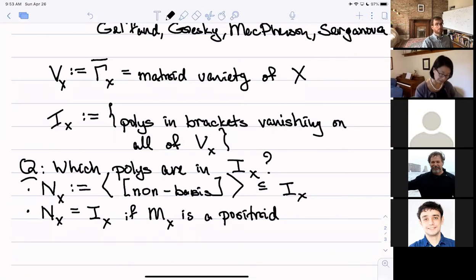So what's a positroid? A positroid is a matroid that can be realized by a matrix whose minors are positive. And this is a result of Knutson, Lam, and Speyer.